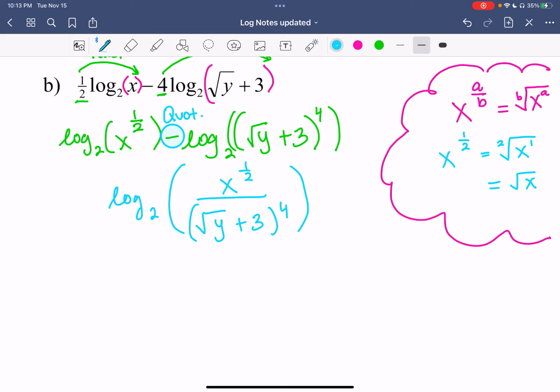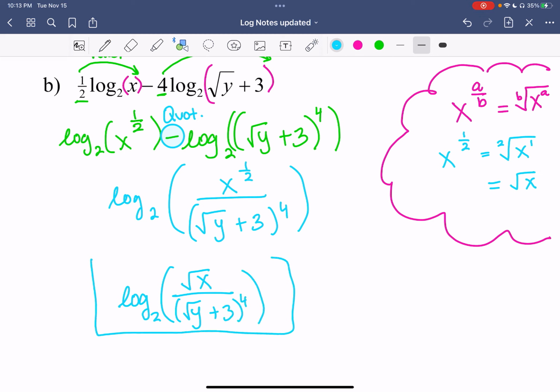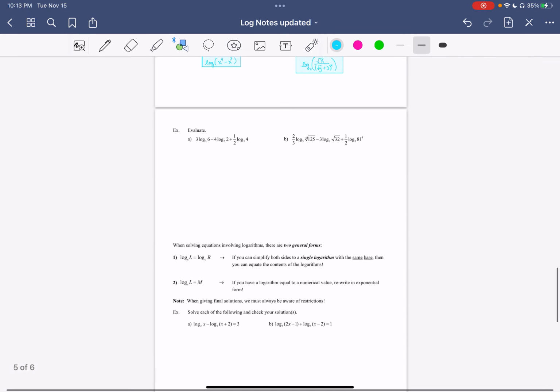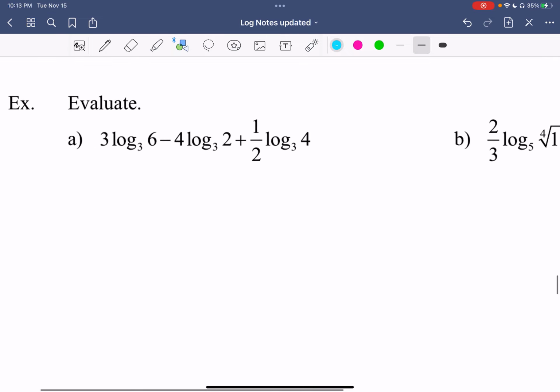And then also x to the power of 1 is just x. Okay, so this will simplify to log base 2 of the square root of x over the square root of y plus 3 all to the power of 4. Okay. Let's go to the next page.